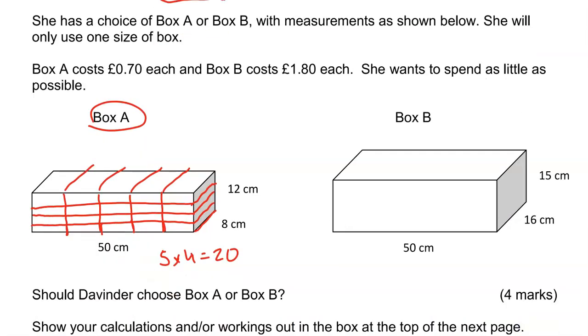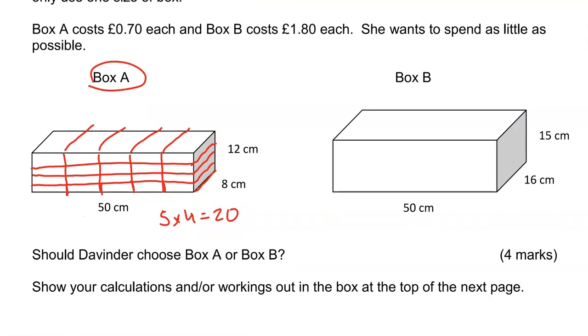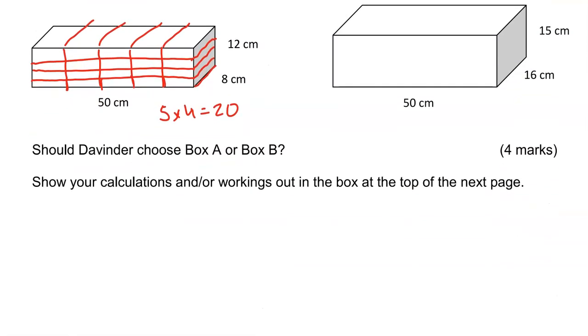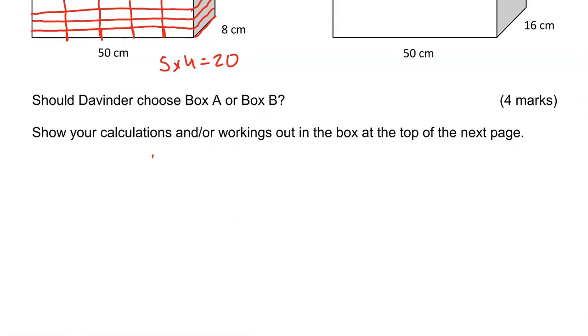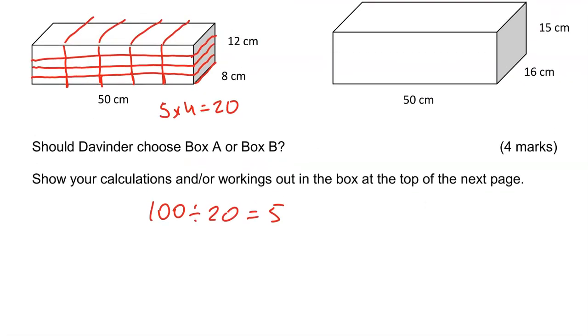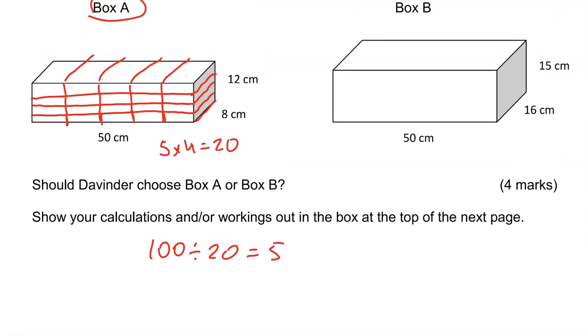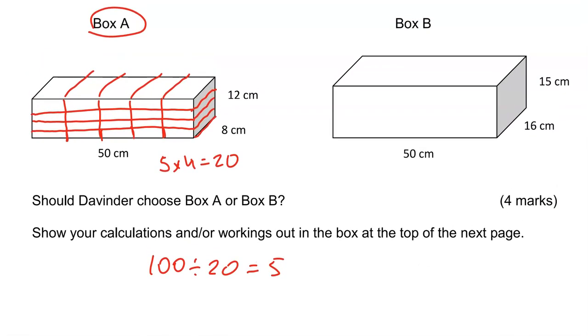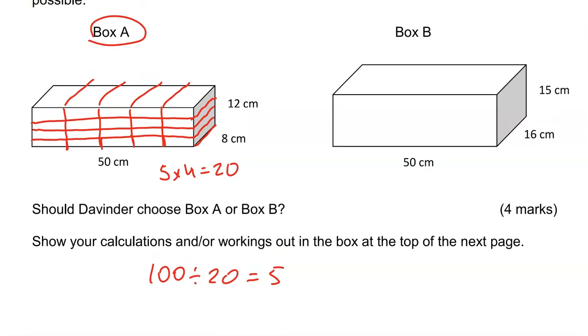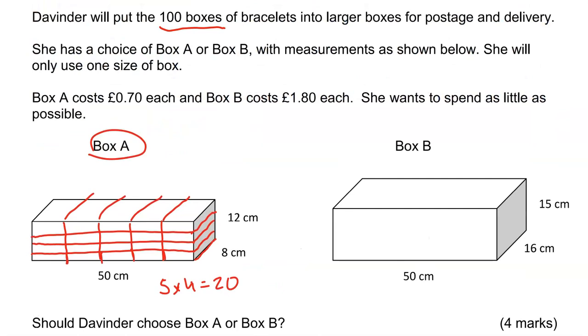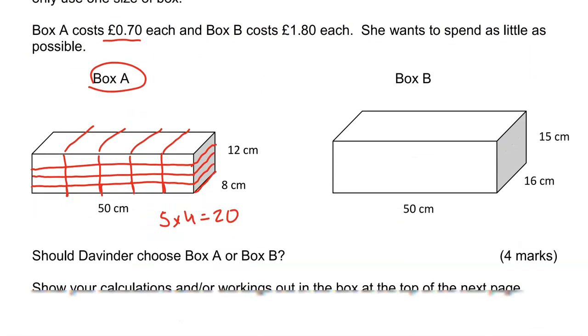So how many big boxes does she need? So if you do 100 divided by 20, it gives us 5. So she will need 5 big boxes. 5 boxes A. So the cost of one is 70 pence.